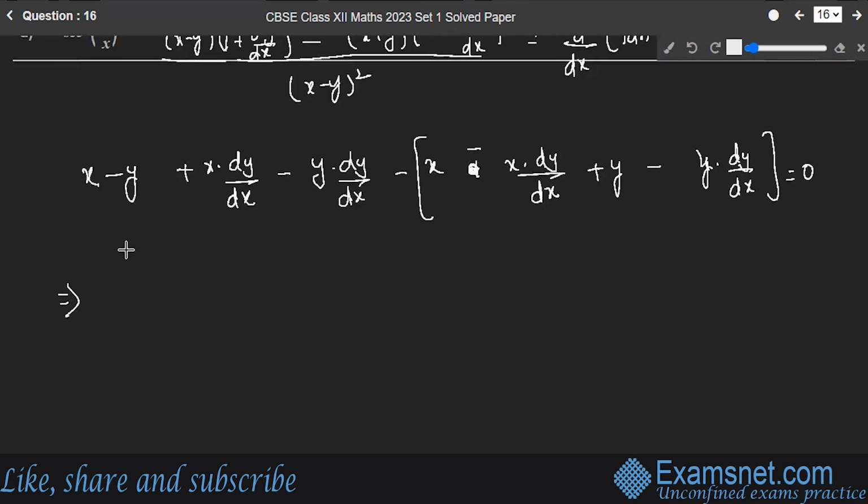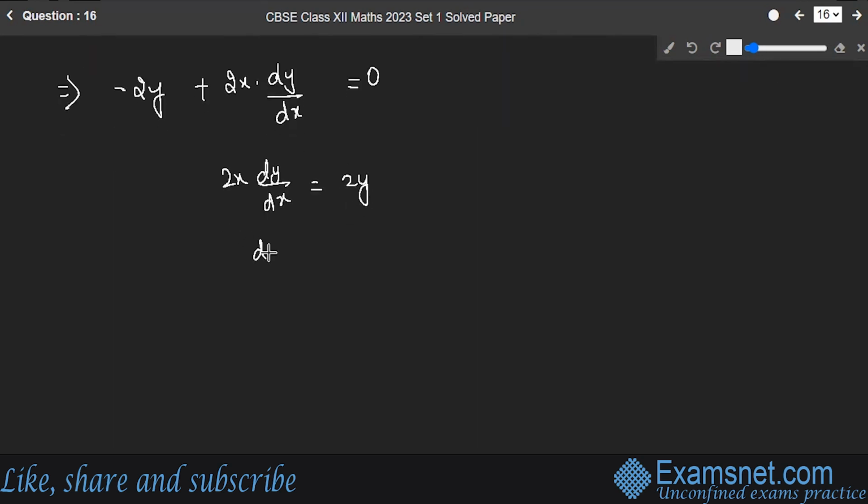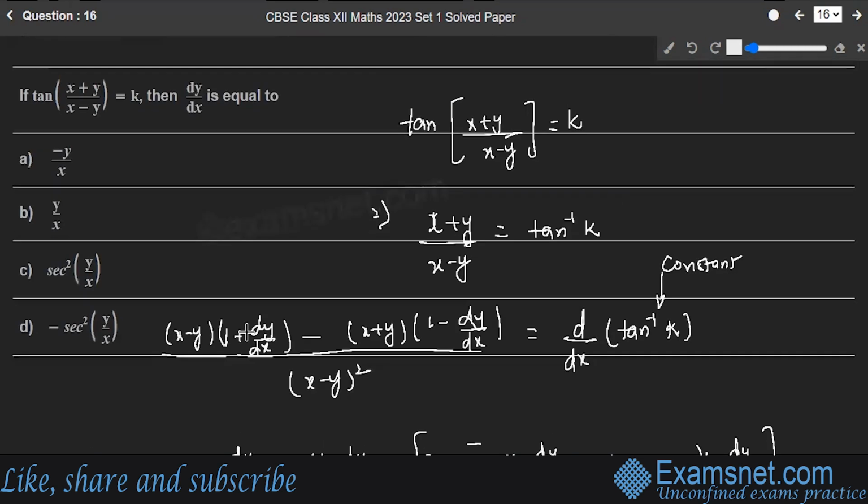So the x and x will get cancelled and you will have minus 2y plus 2x dy by dx is equal to 0. Or you have 2x dy by dx is equal to 2y. 2 will cancel, and you have dy by dx is equal to y upon x. That's it. We have option B as the answer.